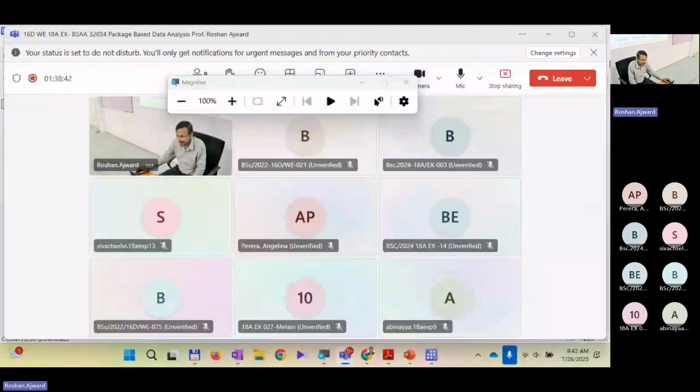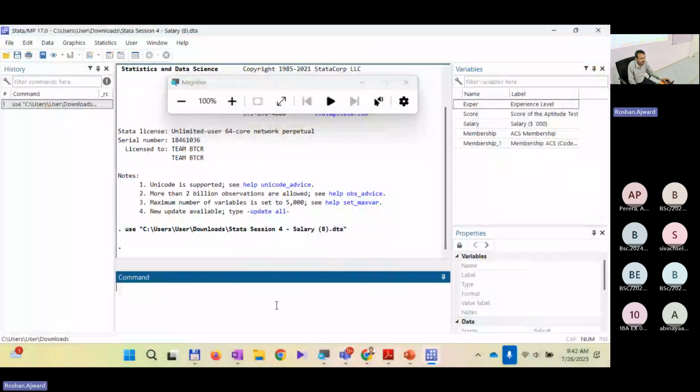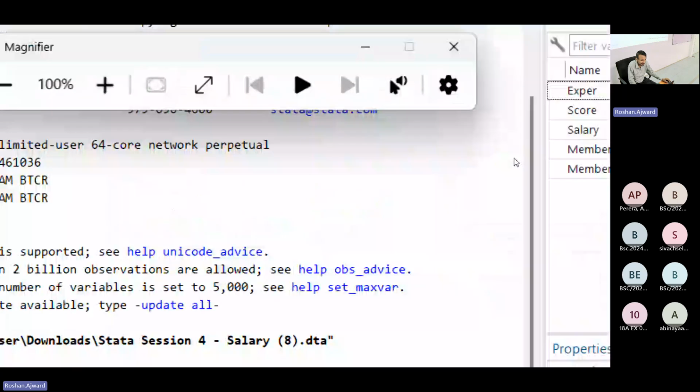Right. Okay, extremely good. So once you open a file, what's the best practice? Look at the Stata page there. You can see there's an indication the file is open. Why?